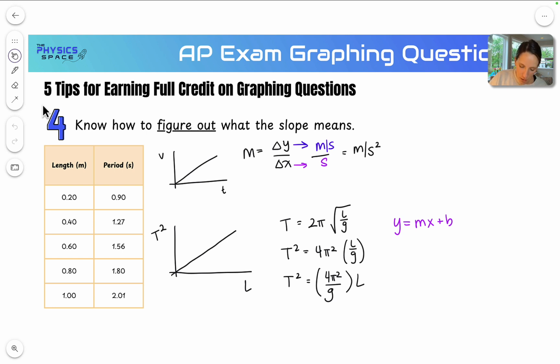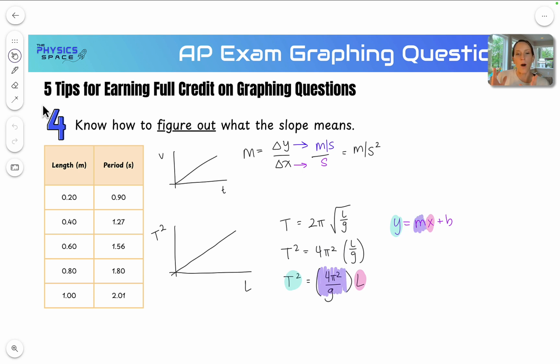So notice here, if you're wondering how that fits into the y equals mx plus b format: we have y, we have our x-axis value here, and that means this is where our slope is.